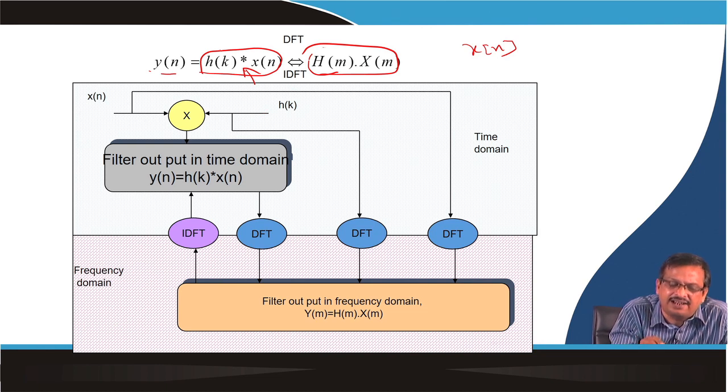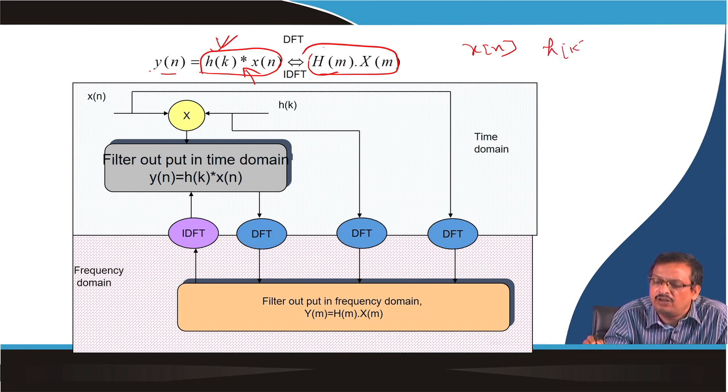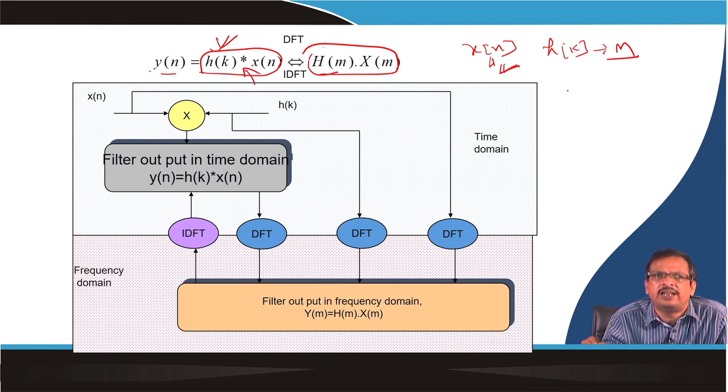Let's say h(k) is the impulse response of the filter, and the orders may not be the same. This may be of order L, and this of order M. If the order is L here and M here, then what should be the length of the DFT?